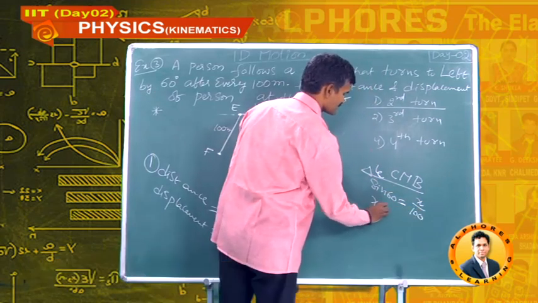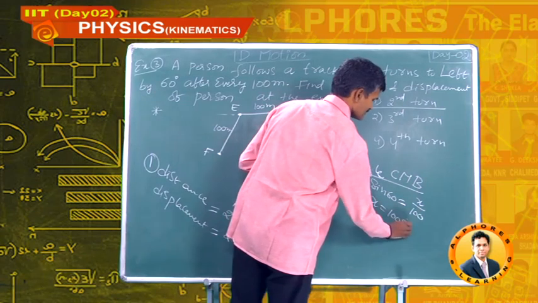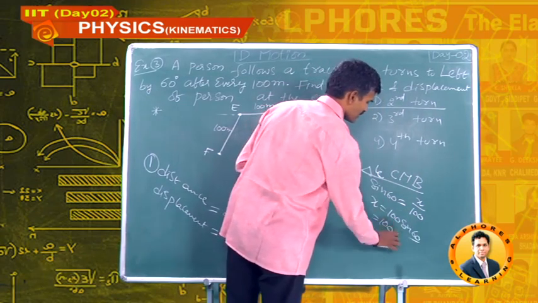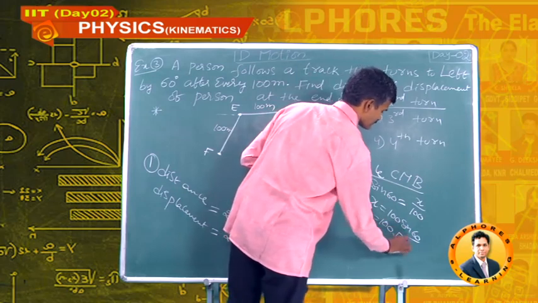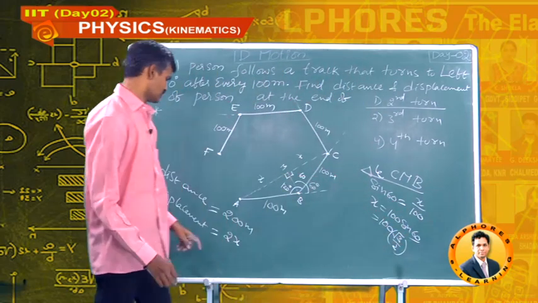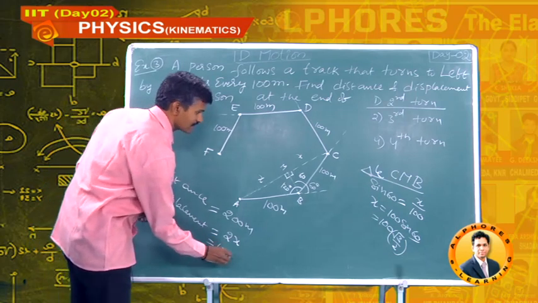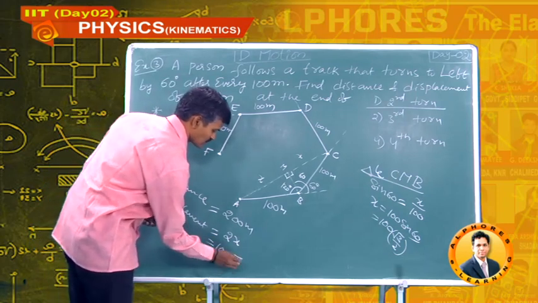So our x is 100 sine 60. We know that sine 60 is root 3 by 2, so x is 100 root 3 by 2.